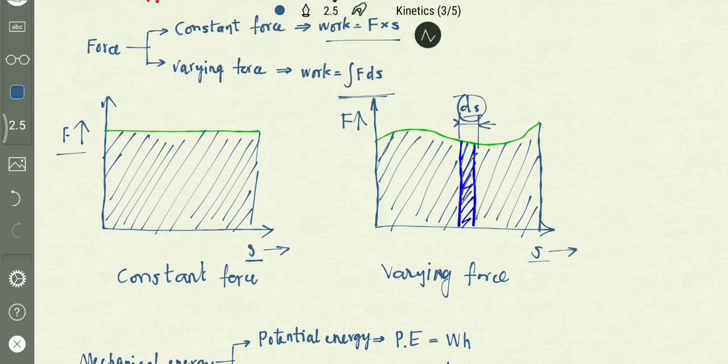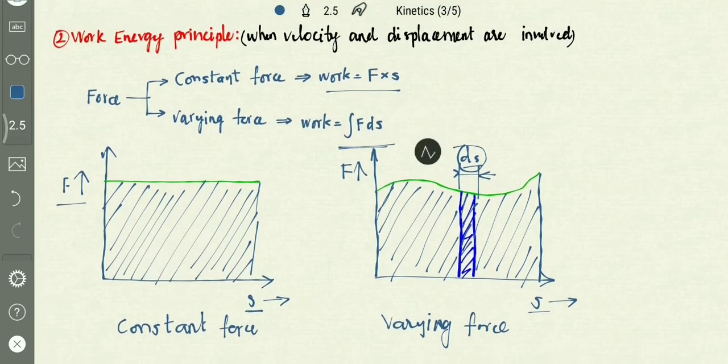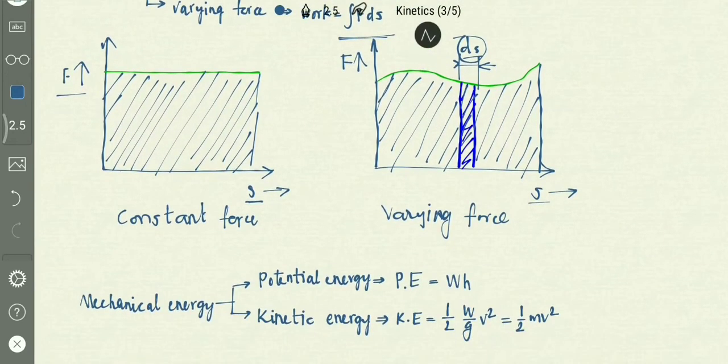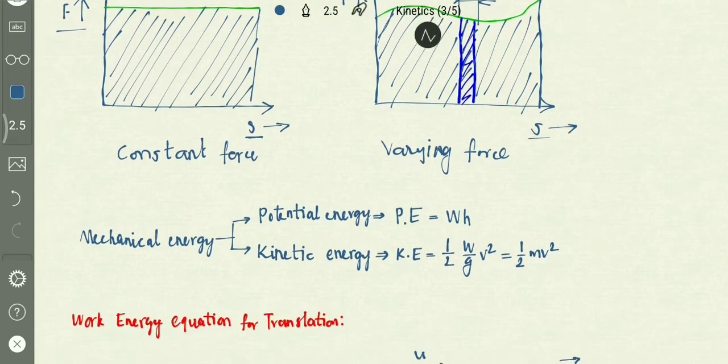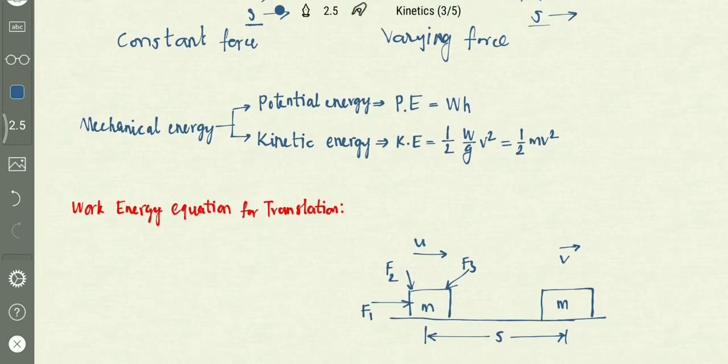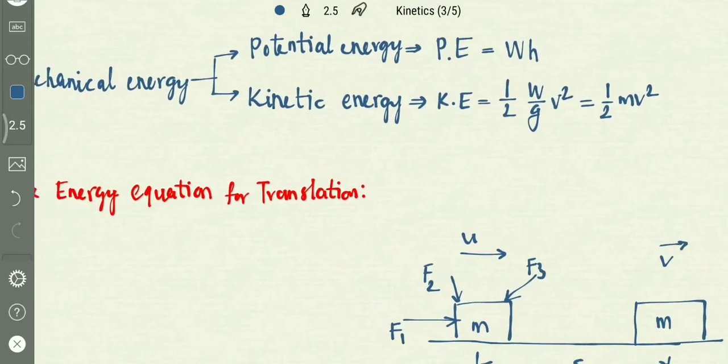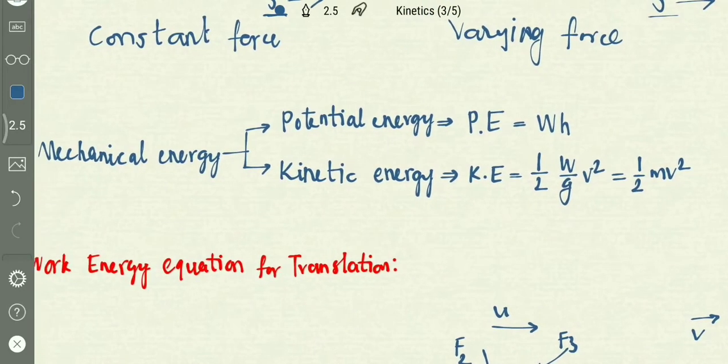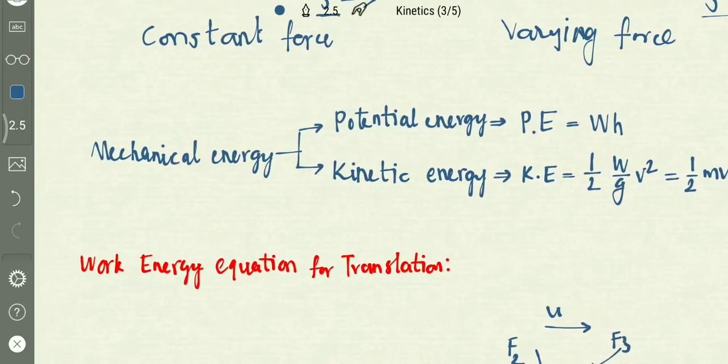So what is energy? Energy is defined as the capacity to do work. We have seen in the introduction chapter all these terms, work and energy. There are different types of energy like mechanical energy, hydraulic energy, electrical energy, but we restrict ourselves to only mechanical energy here.